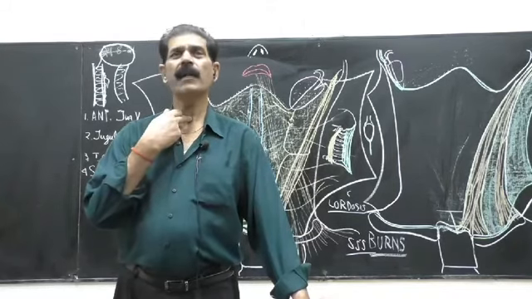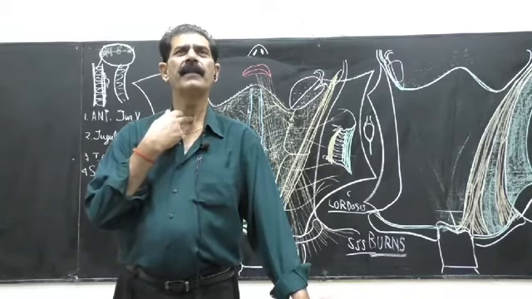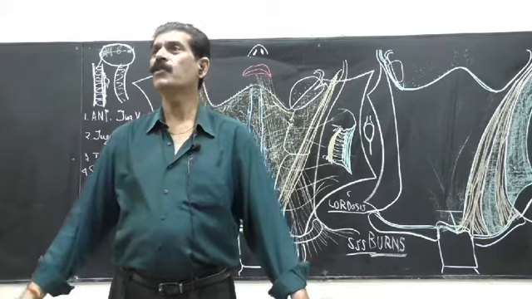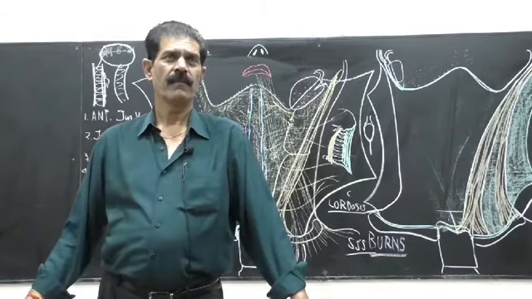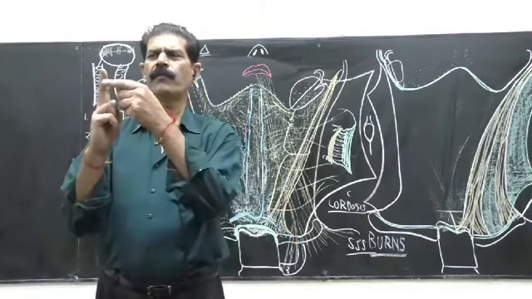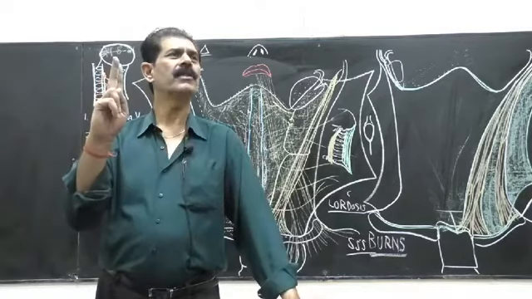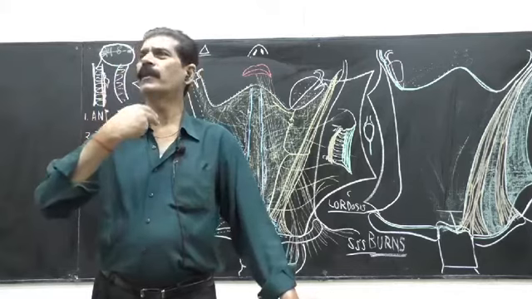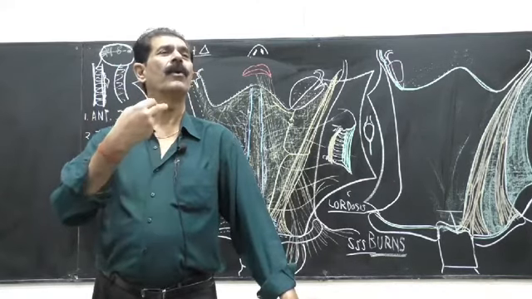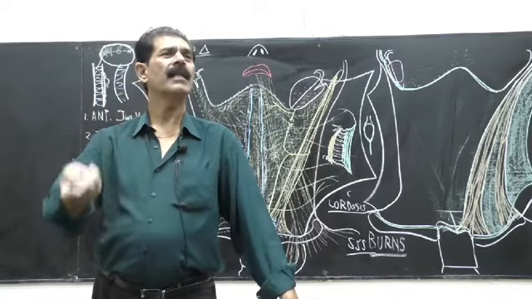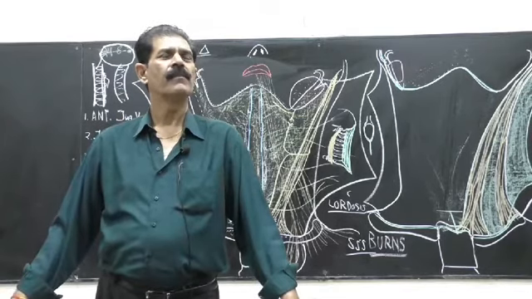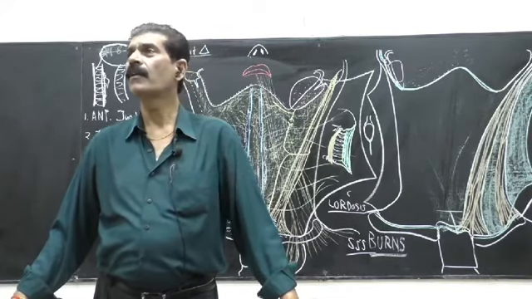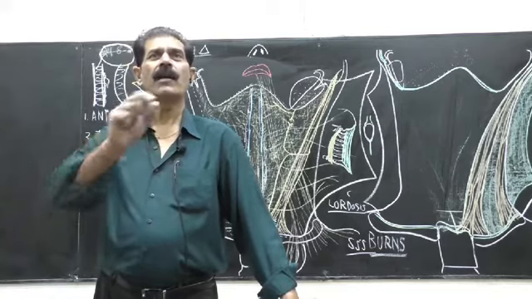And just deep to the trachea, what lies behind the trachea? Food pipe, that is the esophagus. Trachea, windpipe and food pipe are parallel to each other. Anterior is the trachea, behind is your food pipe. That is deeper. And what lies behind the esophagus? Bodies of cervical vertebrae.